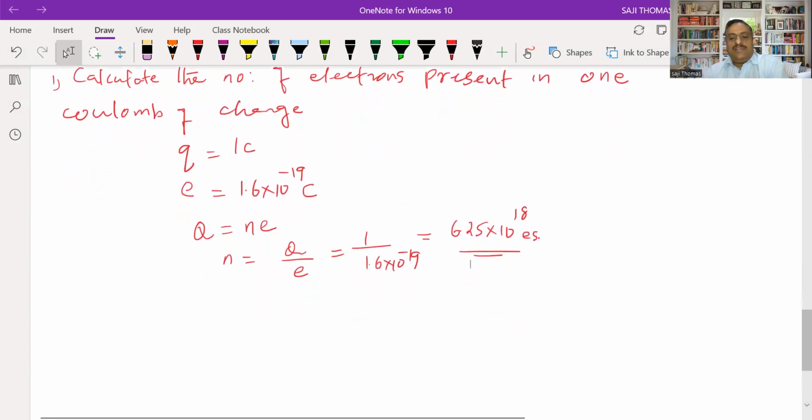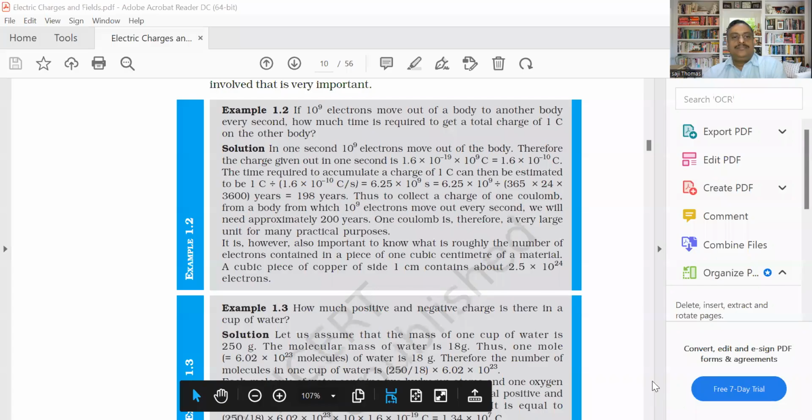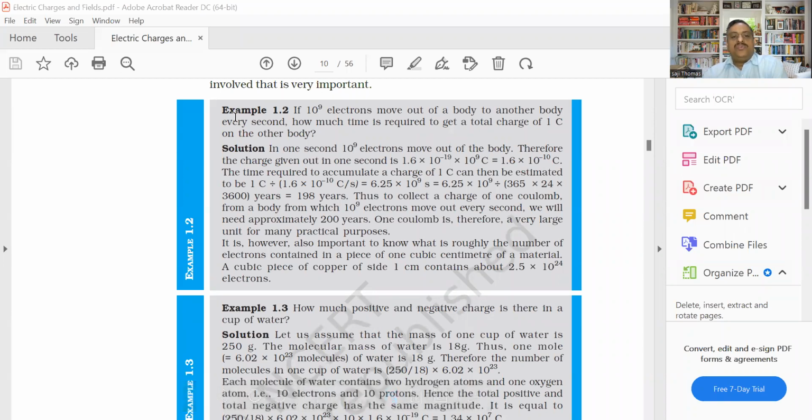Now, one more question I am giving. It is from the textbook. I will give the question first. The question in the example 1.2.